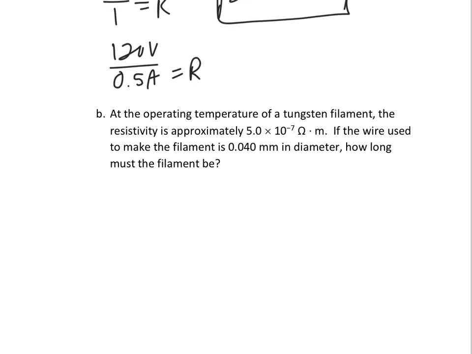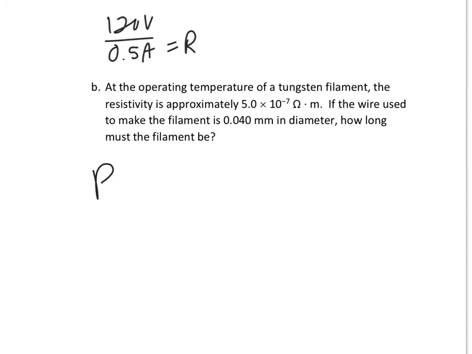So for this one, we want to have resistance equals rho L over A. So resistivity times the length divided by the area. We know from the first part of the problem that the resistance is 240 ohms. We are given the resistivity and we're given the diameter of the filament. So we need to figure out what the area of the filament would be.